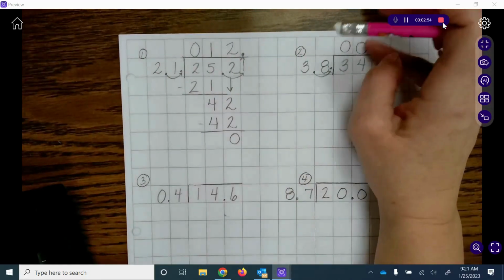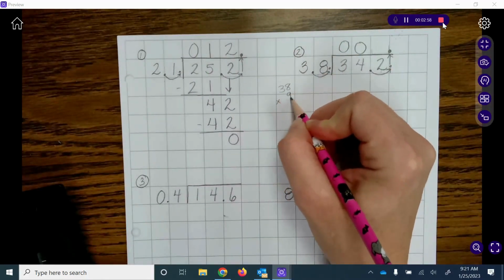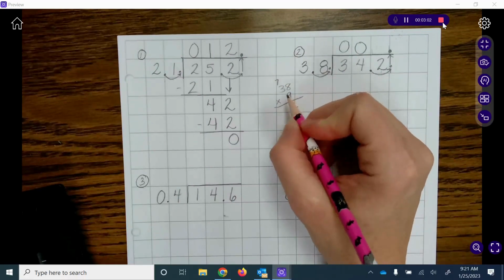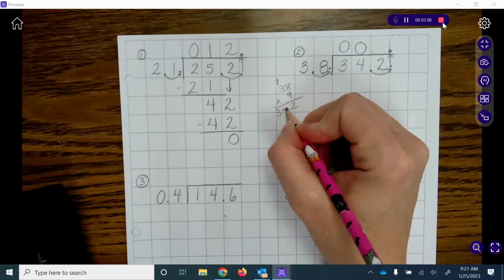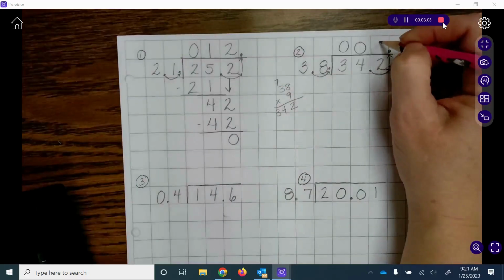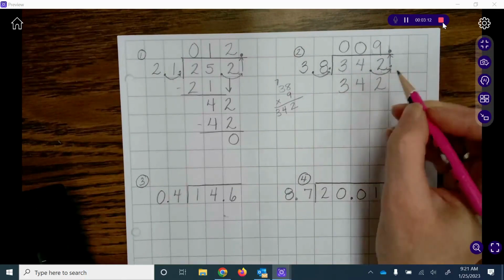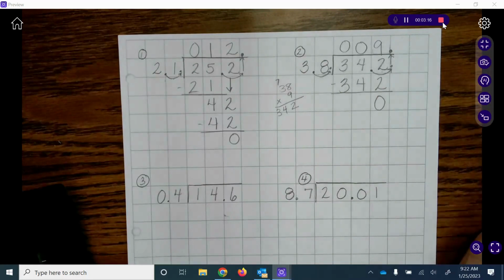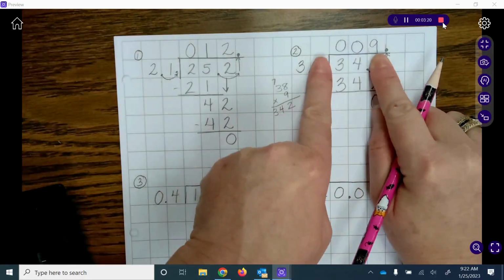So I'm going to multiply 38 times 9. 72, 27 plus 7 is 34. So that works out perfectly. So you have 3, 4, 2, and we subtract and we get 0. When I do this method, I call it the cover-up method.